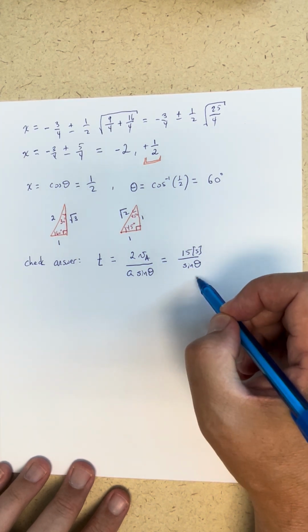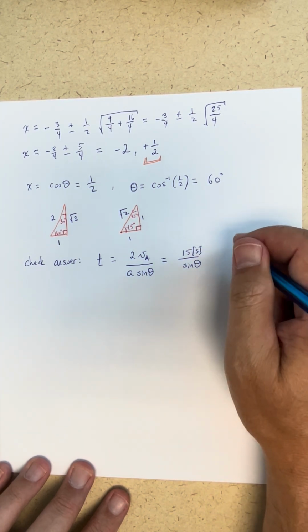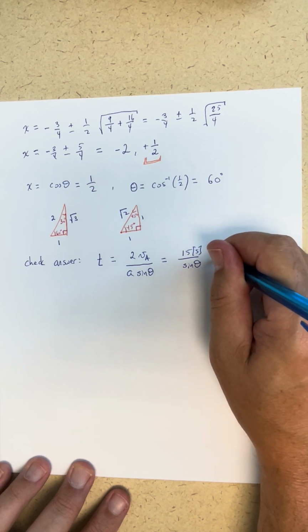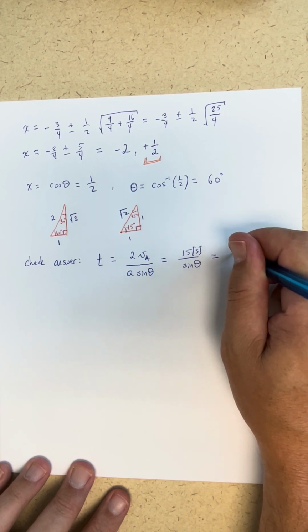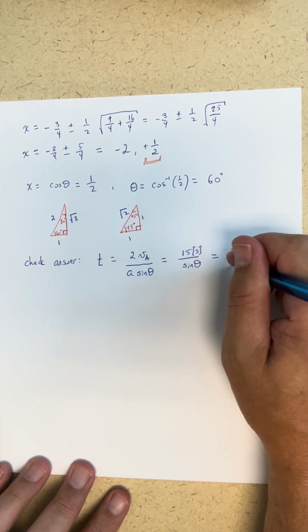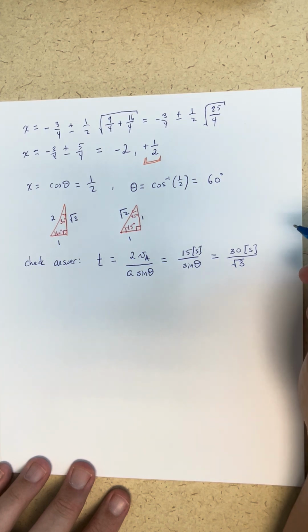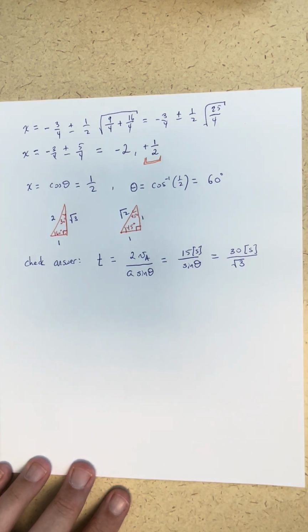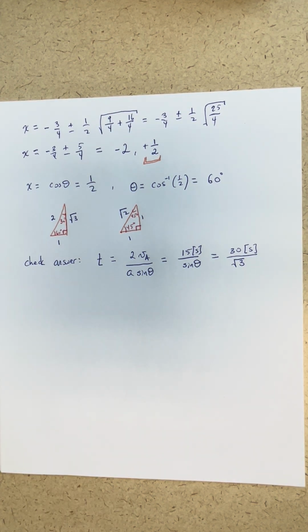So I put in a √3 over 2, the 2 flips up, and we'll have the time of the collision in the future is 30 over √3 seconds. Okay. So we know our when.